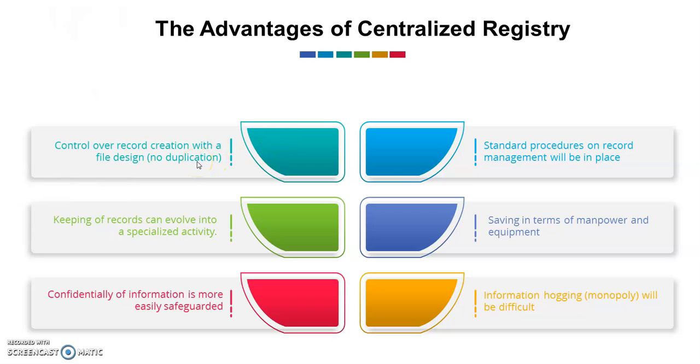So when we have one place to control record creations, definitely we will have the main control coming from one place to monitor and make sure that the creation of the record itself follows the stipulated procedures. So by having one place to create or keep the records, it will reduce the risk of duplication of the record itself, as compared to a decentralized registry.